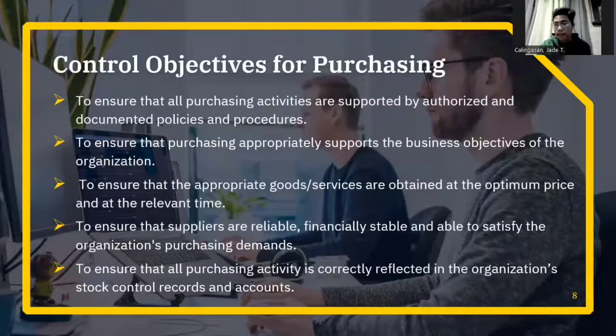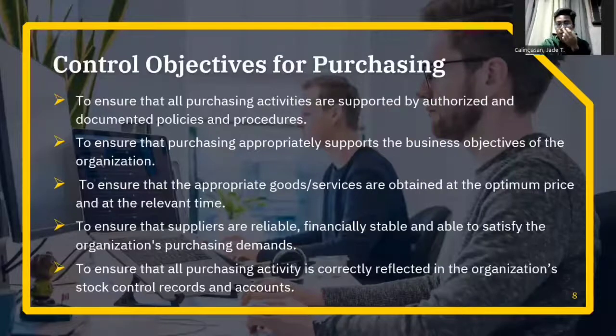Baka naman kasi basta lang bili ng bili yung company, hindi naman pala yun objective of the business. May nabanggit din dito na optimum price, which is yung optimum kasi ang ibig sabihin niya is most favorable. Favorable ba sa isang company na bumili ng maramihan or paunti-unti lang? Mga ganong bagay yung dapat isaalang-alang.